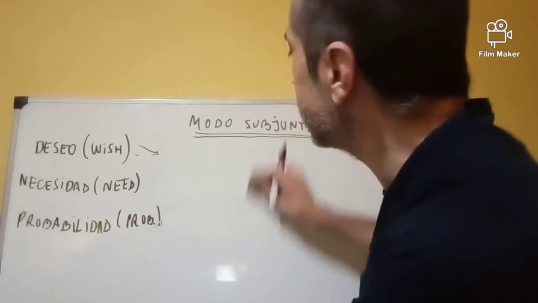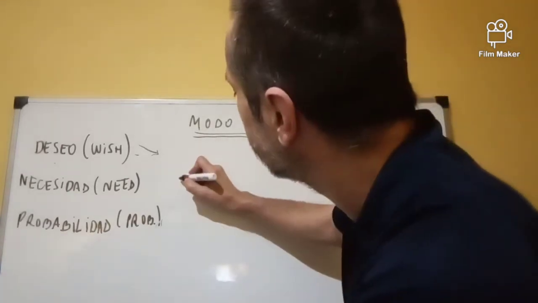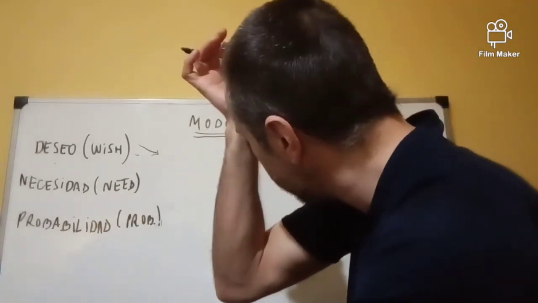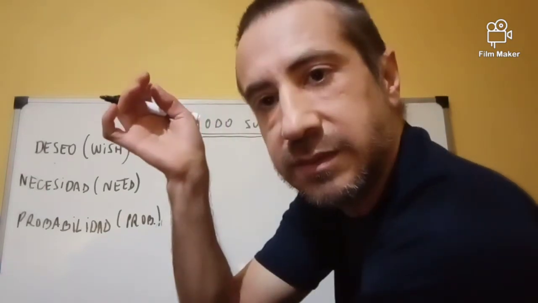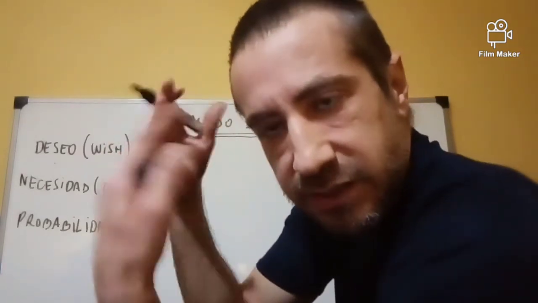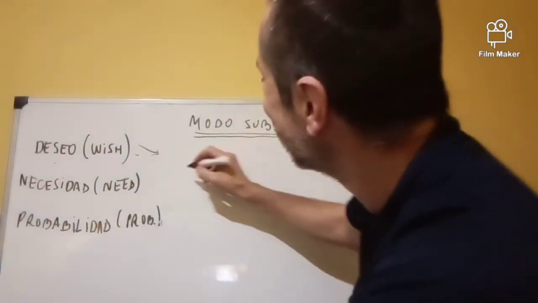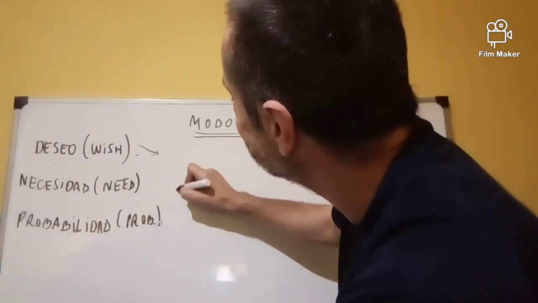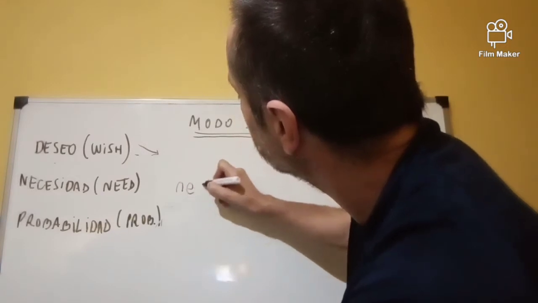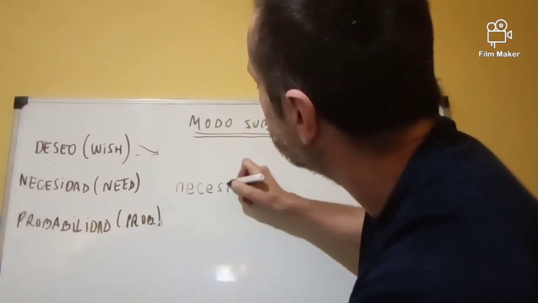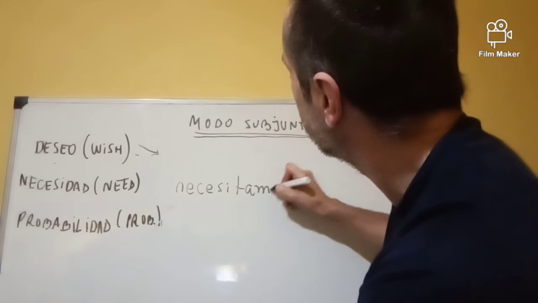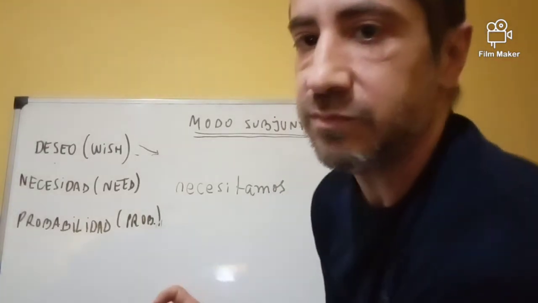For instance, I was going to write it down in English. I've got a mixture of languages in my head at this moment. Necesitamos. If I say necesitamos, we already know that it's nosotros.